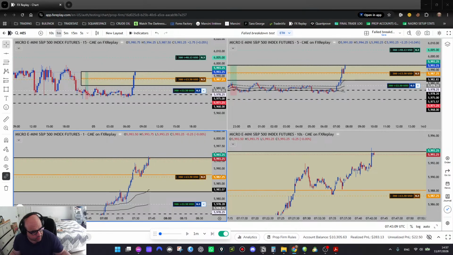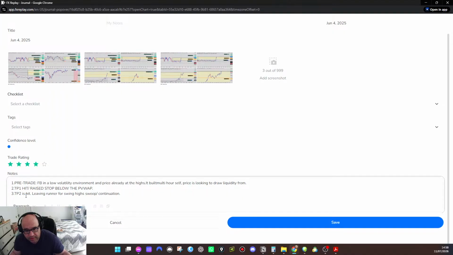Okay, so this is what I wrote now. I'm just saying that the TP2 is hit and I'm leaving a runner for swing high, sweep, or possible continuation.